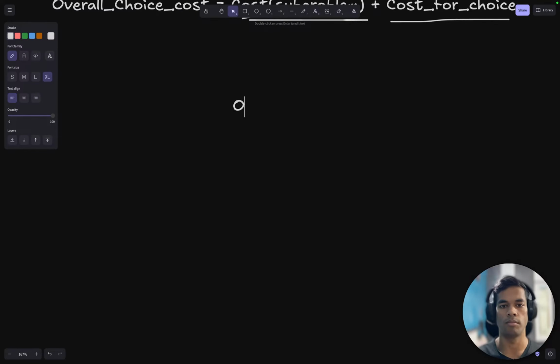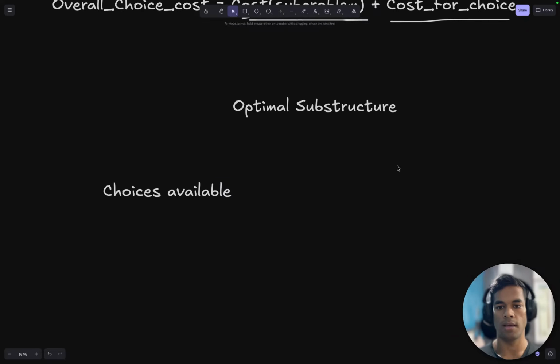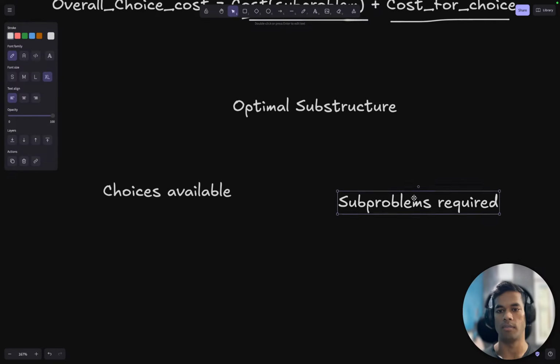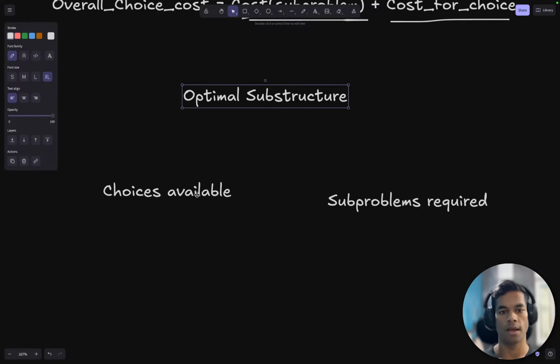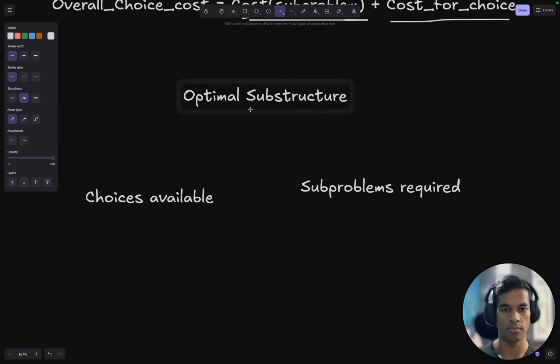And also, optimal substructure varies on 2 points: choices available and subproblems required to be solved.